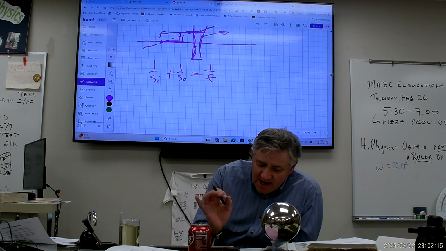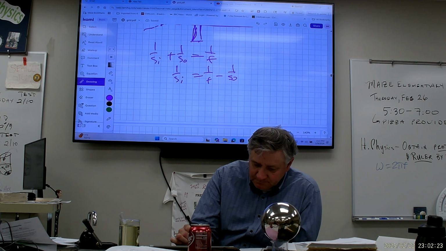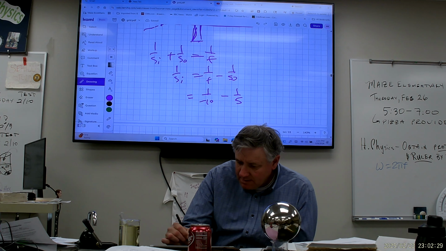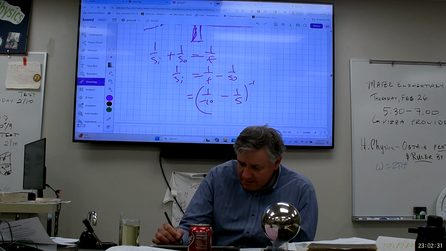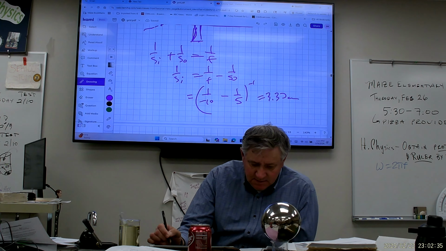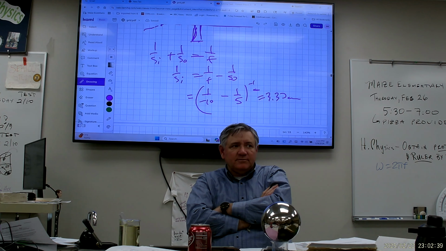So if you want to calculate si, 1 over si equals 1 over f minus 1 over so. So you've got 1 over negative 10 minus 1 over 5. Take the inverse of all of that, you get negative 3.33 centimeters. Yeah, that sounds right. Negative, of course.